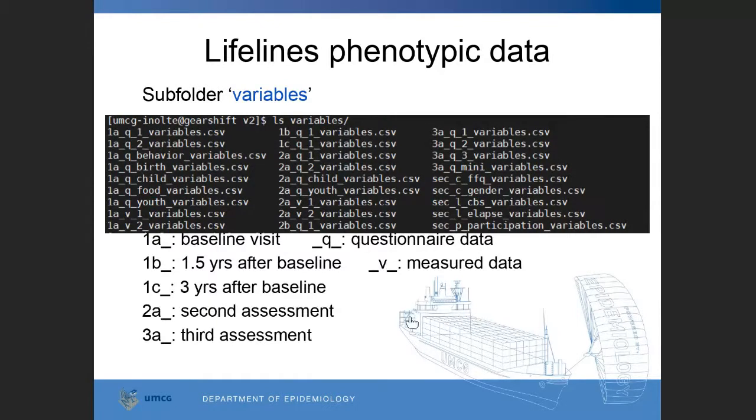Then in the subfolder variables, you have the different files, for each of the visits. The one is the baseline visit, and the Q stands for questionnaire data, as Sylvia mentioned this morning.